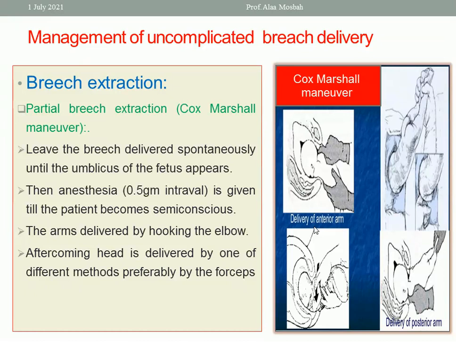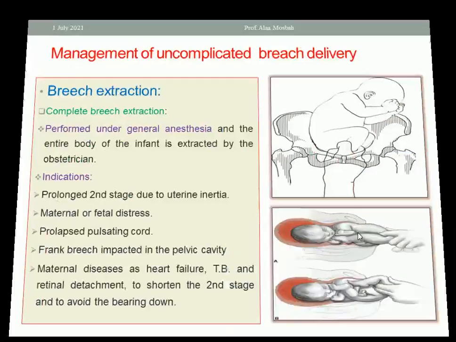General anesthesia is given, like sevoflurane, by the anesthetist, so anesthesia is for a very short time. The arm is delivered by hooking the elbow. The aftercoming head is delivered by jaw flexion shoulder traction or Weber forceps.